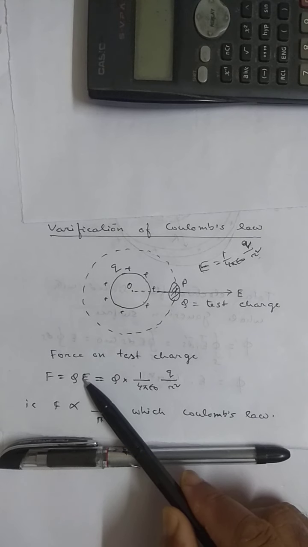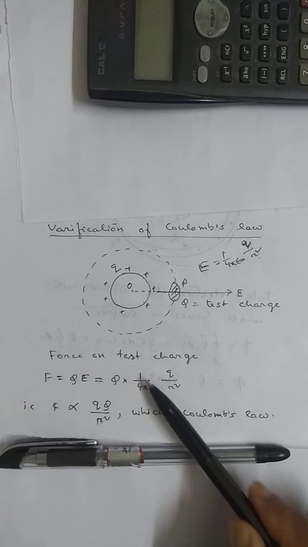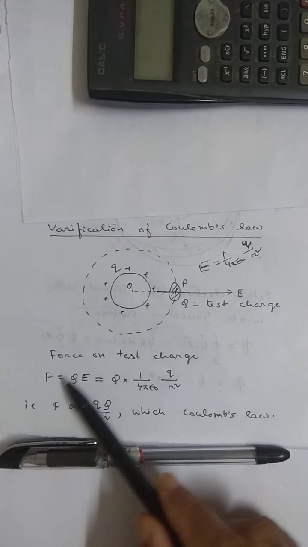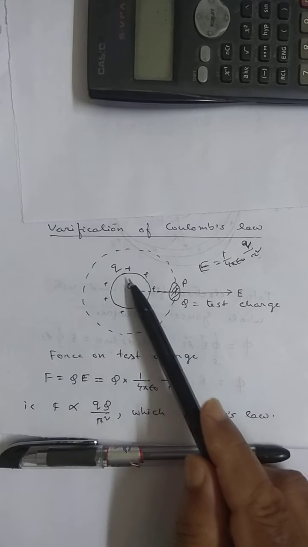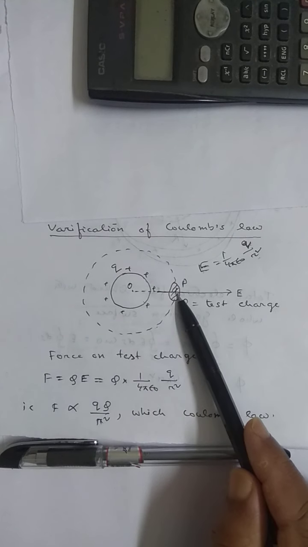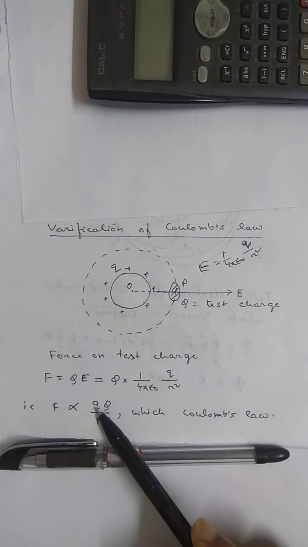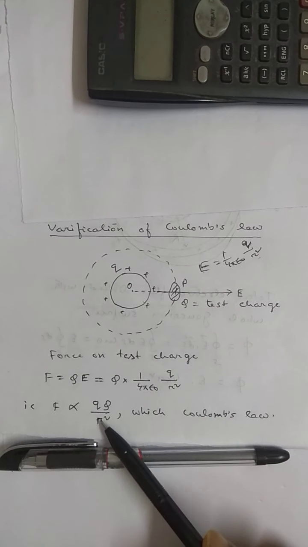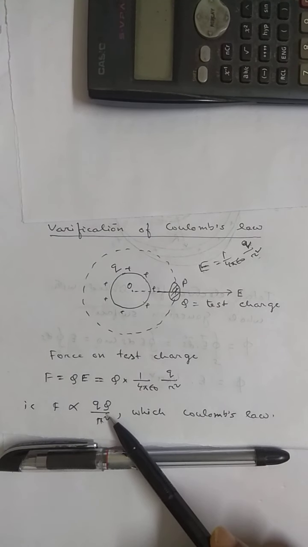QE. But what is E? This is E, 1 by 4 pi epsilon 0 q by r square. That means force of interaction between this charge and this charge varies directly as the product of their charges and inversely to the square of the distance between them.